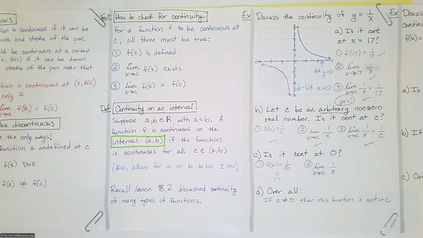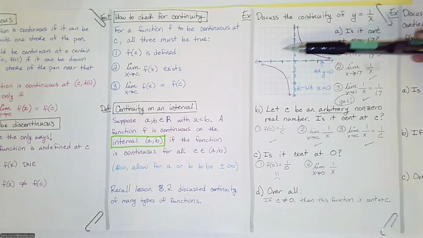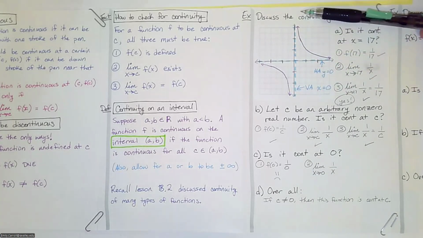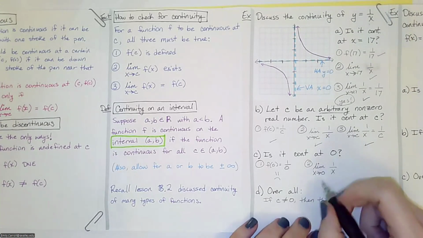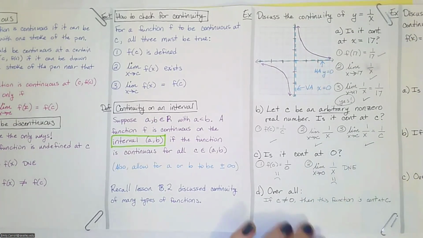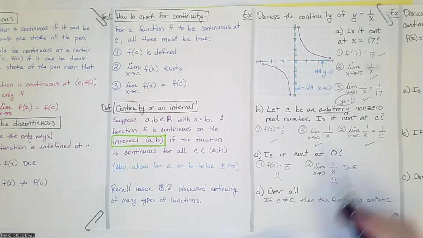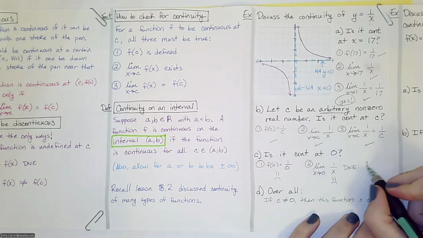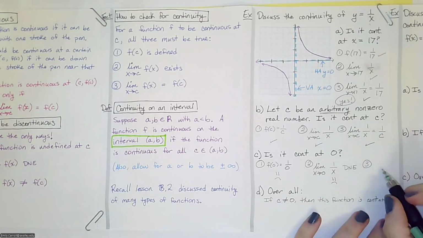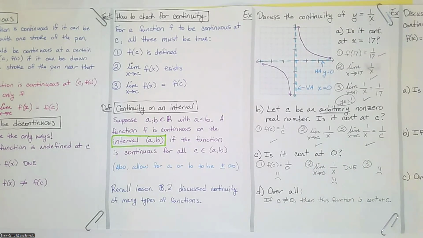No, it doesn't, because as x approaches 0, the y value decreases without bound over here, increases without bound over there. And if that limit doesn't exist, and if the function's not defined there, then those two things can't be equal. So it's a triple threat there of not working out for continuity.